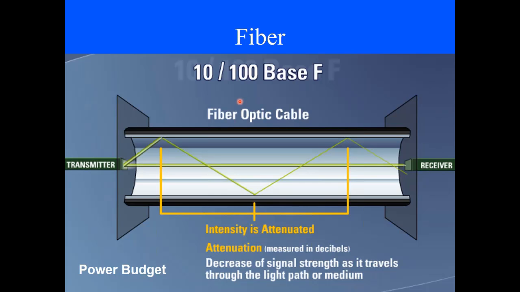Now we're going to talk about fiber. With fiber, what you've got to know is a power budget. The transmitter has a certain amount of power it can generate. So if I'm going a short distance, I may have to have a different transmitter than if I'm going a very long distance. Then you have attenuation in the fiber.